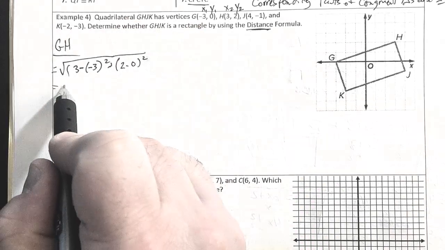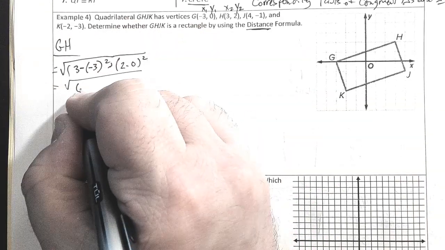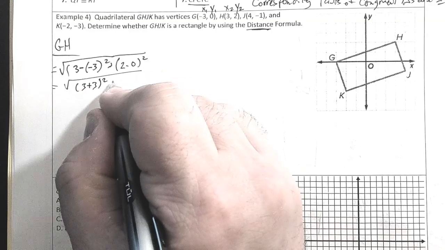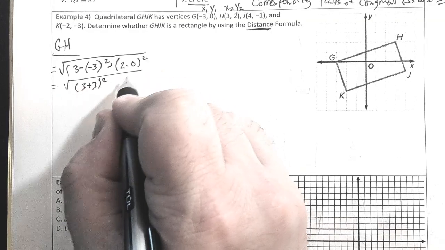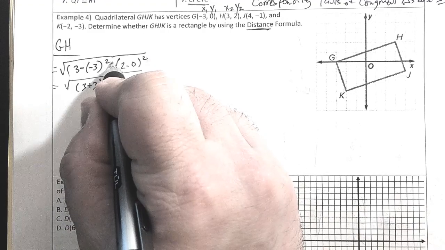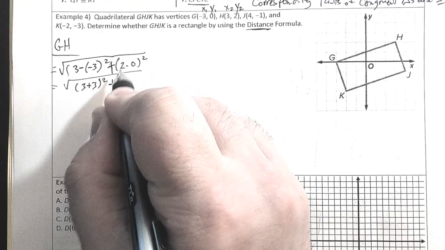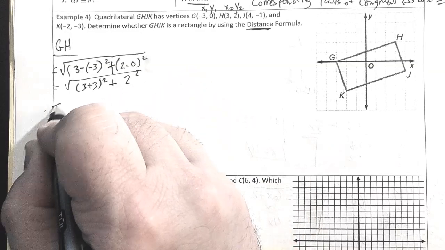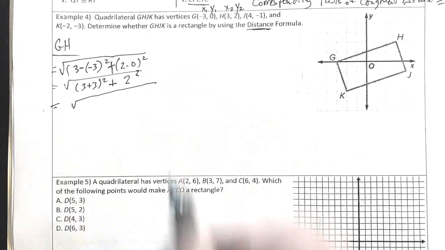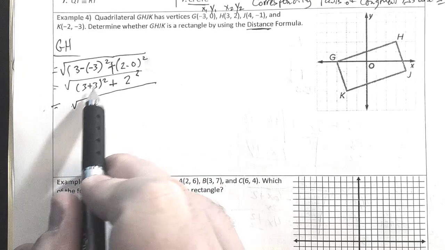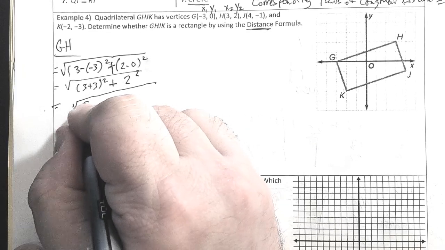So the 3 minus negative 3 is 3 plus 3. 2 minus 0 is 2. So we're adding. So 3 plus 3 is 9. 9 squared is 81.